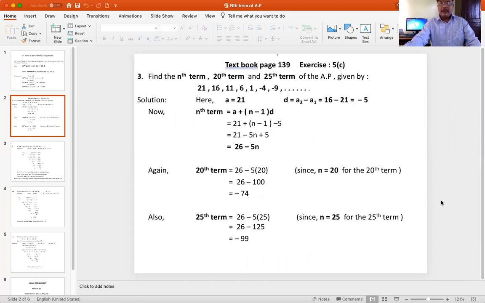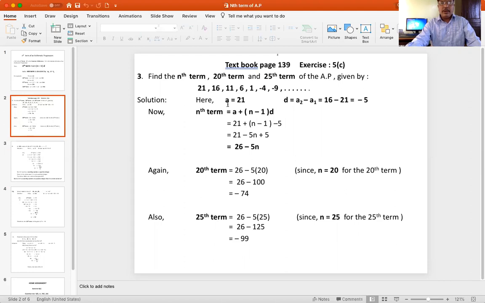Now let us turn to your textbook page 139, exercise 5C. Question number 3, which says, find the nth term, the 20th term, and the 25th term of the AP given by 21, 16, 11, 6, 1, minus 4, minus 9, and so on.